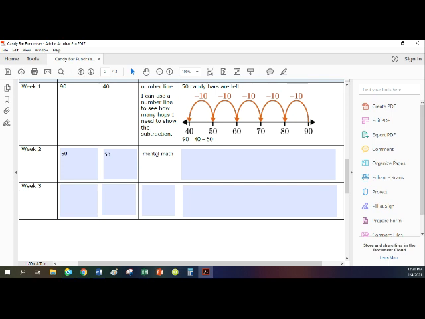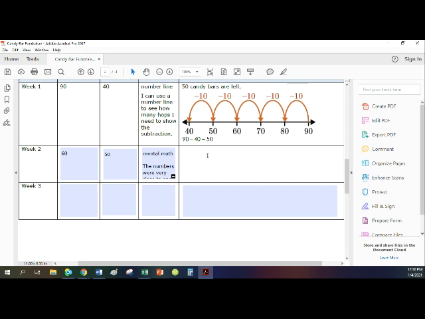So I chose mental math because the numbers were very close to one another and I could do it in my head very easily. I might not want to choose mental math if the numbers were really far from one another because I might make a mistake, right? I might want to write that down with a 100 chart or a number line. And then for mental math, I did it in my head, right?